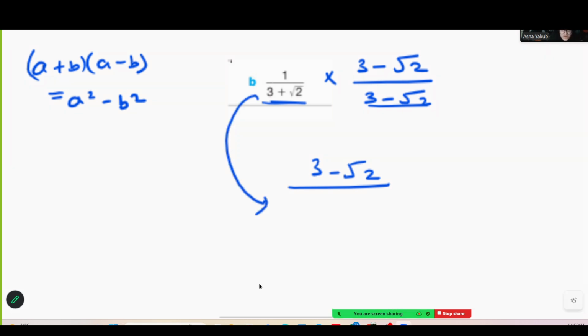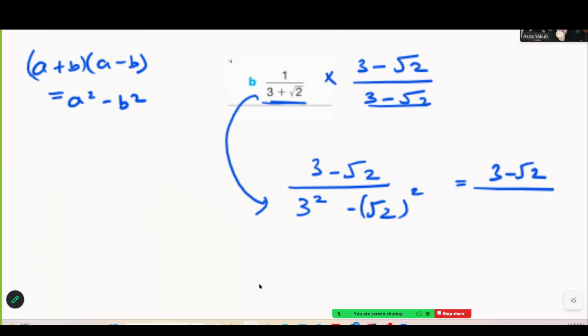3 square minus square root 2 square, right? Exactly. So this is 3 minus square root 2 over 3 square, which is 9, right?